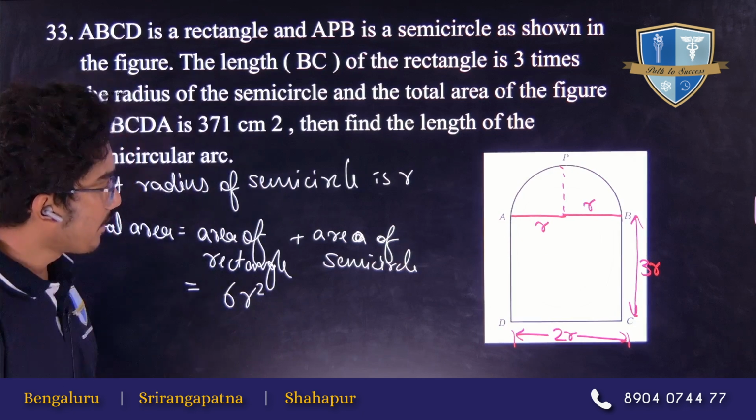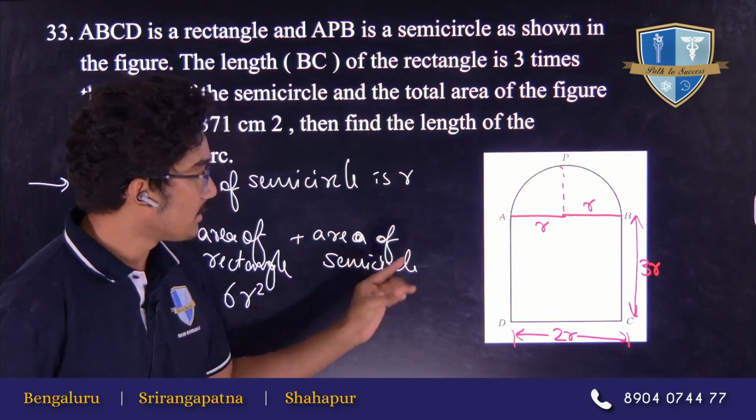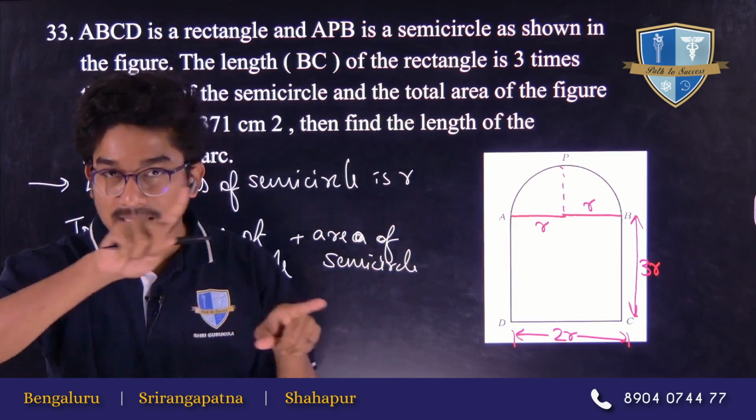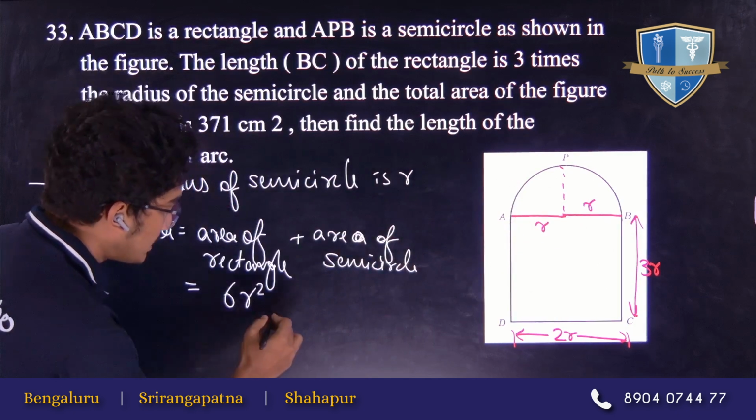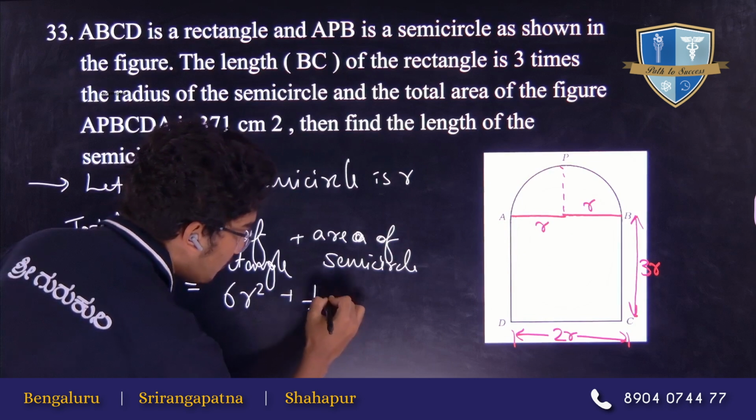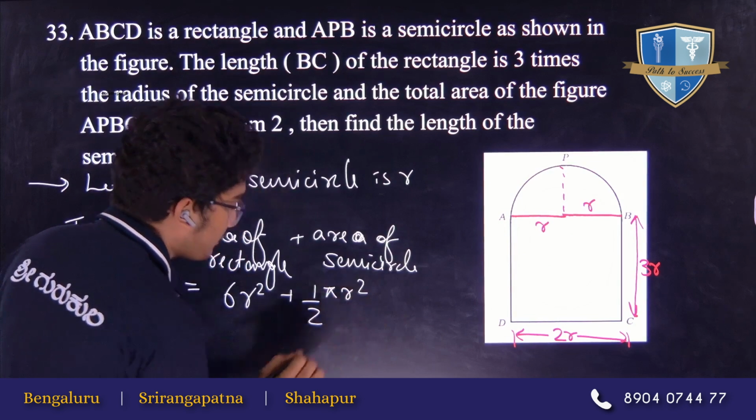Now the area of the semicircle: the area of a complete circle is pi r square, so the area of the semicircle will be half of pi r square.